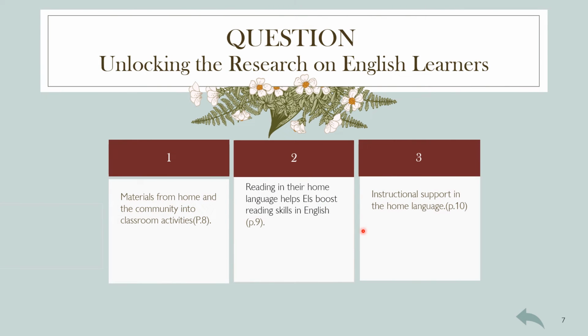That we also talk about in Unlocking the Research on English Learners. The experts that I find in the Unlocking the Research on English Learners article are challenging my lesson plan. I don't have these in my lesson plan because they're asking for authentic material or home language instruction support.